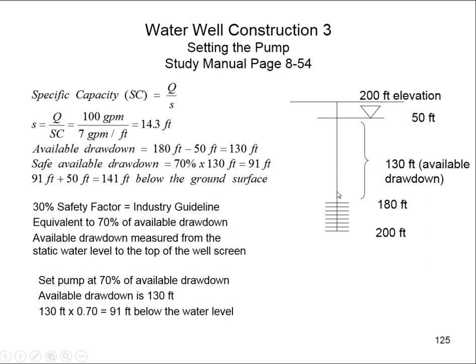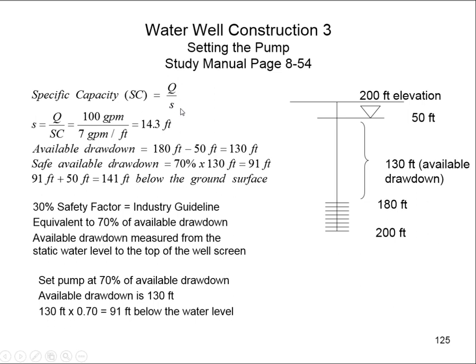So someplace in here is where I need to put the pump. Now, when we run a pumping test, we end up after 24 hours with this thing called specific capacity. It's the ratio of the pumping rate to the drawdown that's measured in the well.